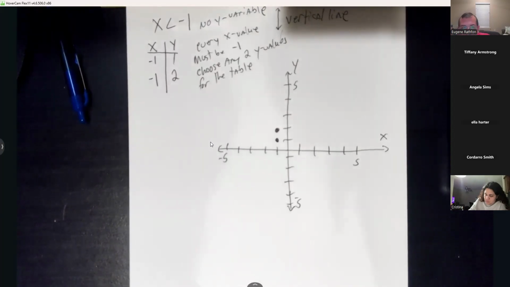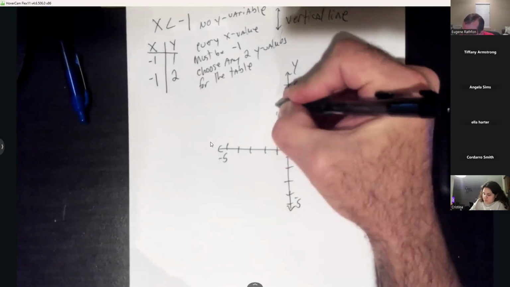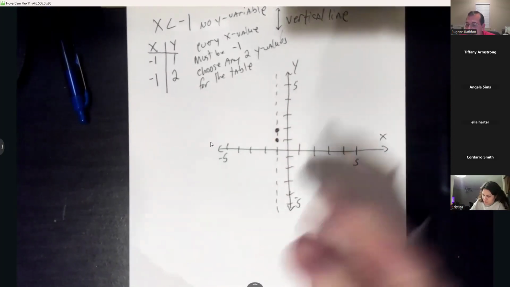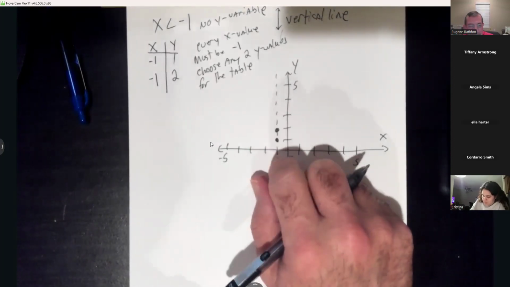Oh, y'all, I didn't ask y'all this. Do I want a solid or dashed line? A dash. A dash, okay. And sadly, you don't really have a top and bottom on this line.